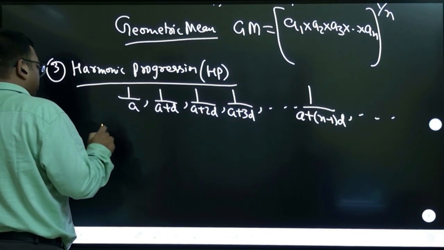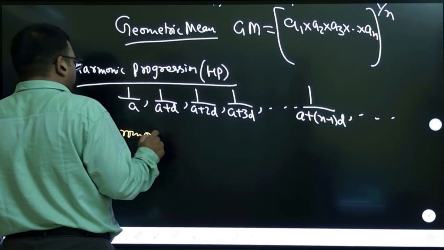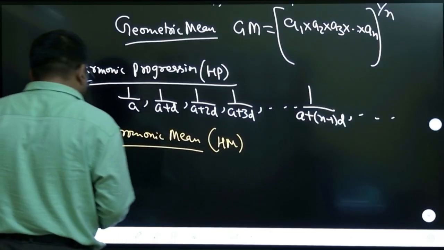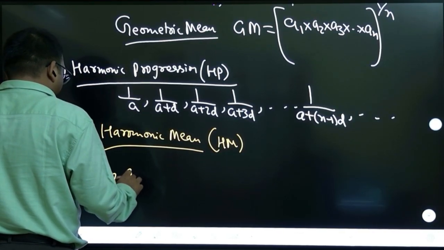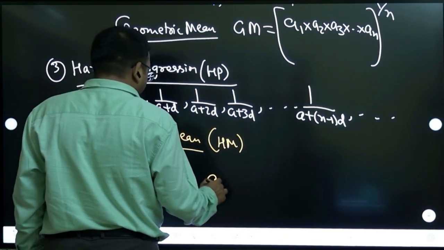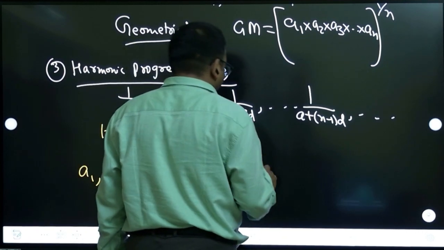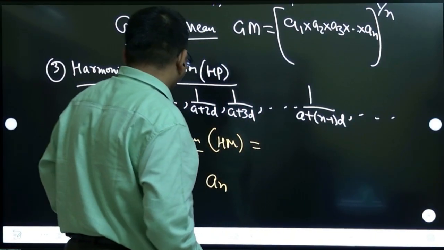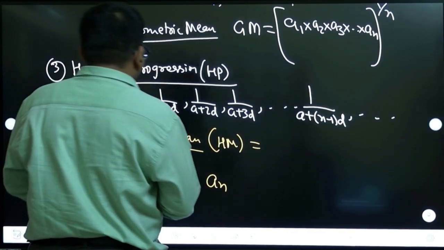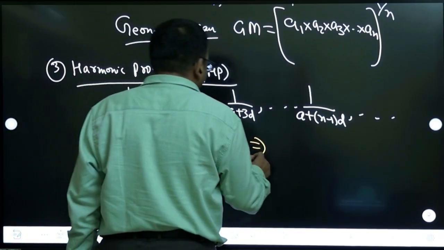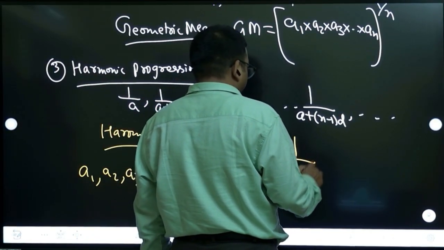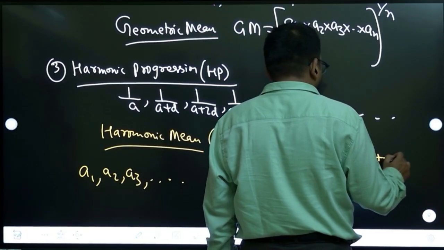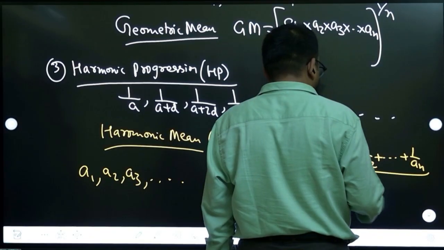But what is the idea about harmonic mean? Let us note harmonic mean, HM. We can have any amount of numbers, let us say A1, A2, A3. They may not be in harmonic progression, but still HM can be defined. How to define HM? 1 by HM is defined as the average of 1 by A1 plus 1 by A2, like that, plus 1 by AN, divided by n.